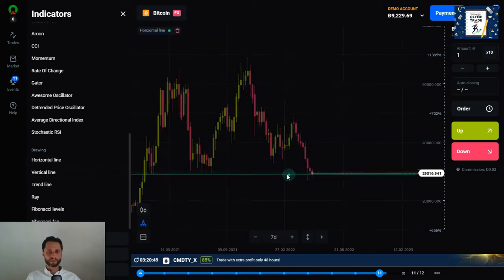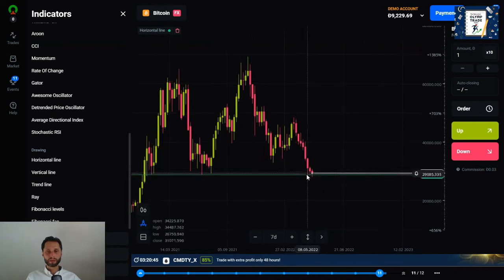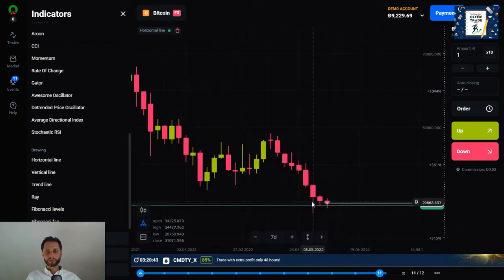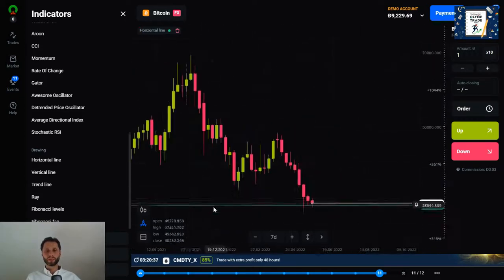It has now pierced through that level and ended up closing up here. We left a long wick, which indicates some bullishness in the market, which is a bounce off this level and a retracement of this entire move right here, which we had. So I'm looking for the reversal and the bounce off this level at this moment in time.